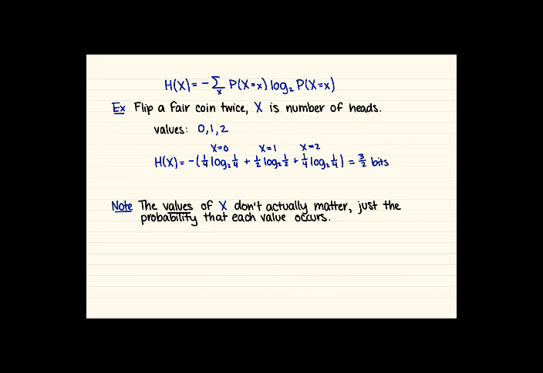Notice that the values of the random variable X, what the outputs are, don't actually matter for the entropy, it's just the different probabilities. All that matters is the probability that each value occurs, and how equal or unequal those probabilities are. This formula might seem kind of strange or unnatural, like it's coming from nowhere.